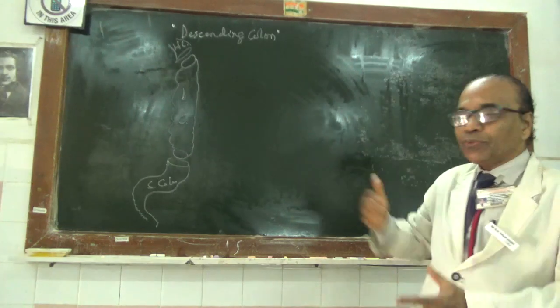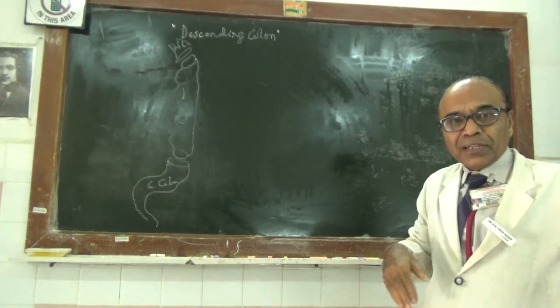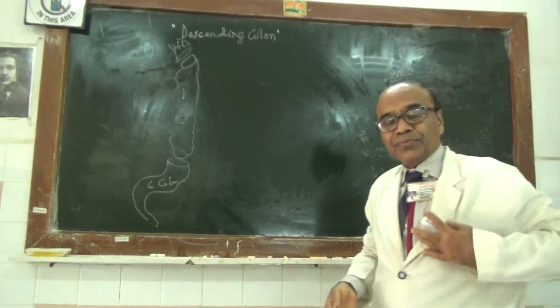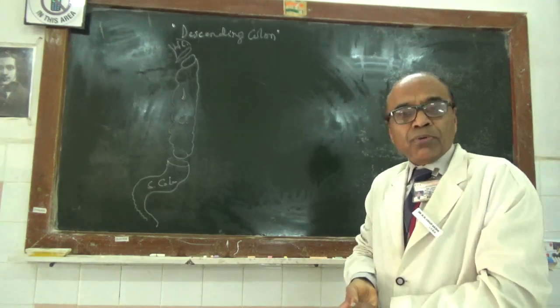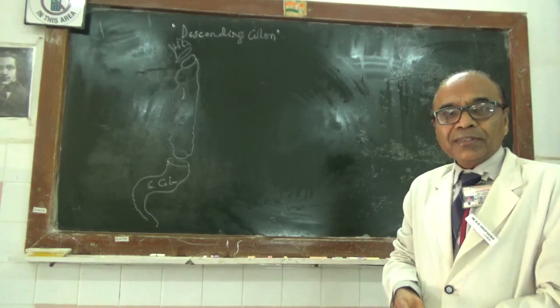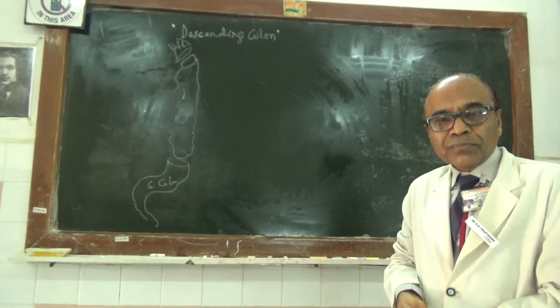While it will be descending all the way from above down in the left lumbar region, it will be lying in front of the posterior abdominal wall forming muscles such as transverse abdominis and part of quadratus lumborum.